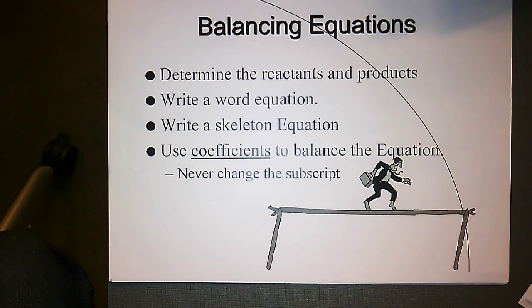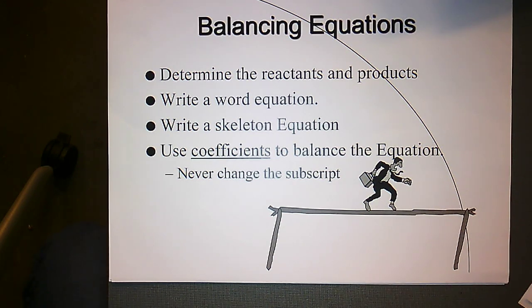And notice I've got never, ever change the subscript. I didn't put all those evers in there, but you know what I'm saying. You guys know what a coefficient is? Big number that goes in front of the variable. In this case, it'll be a big number that'll go in front of the chemical formulas.